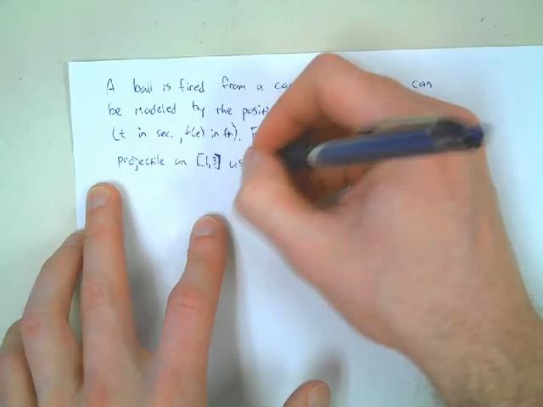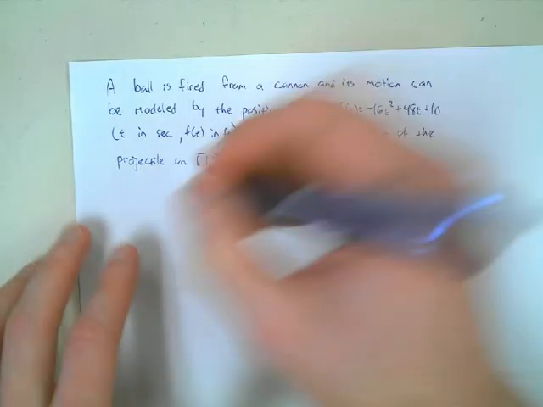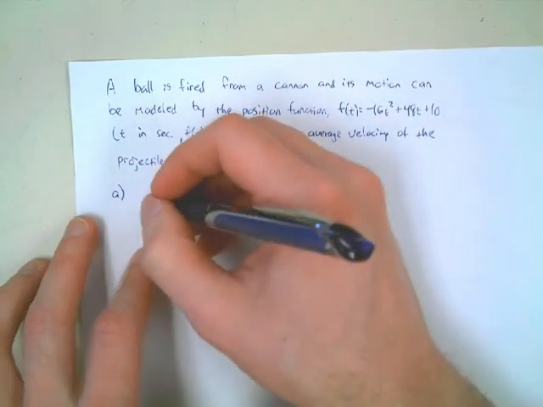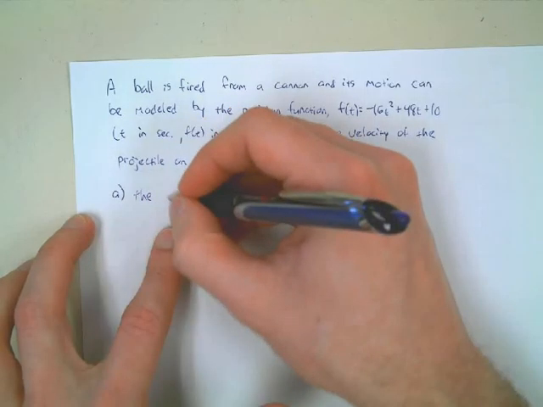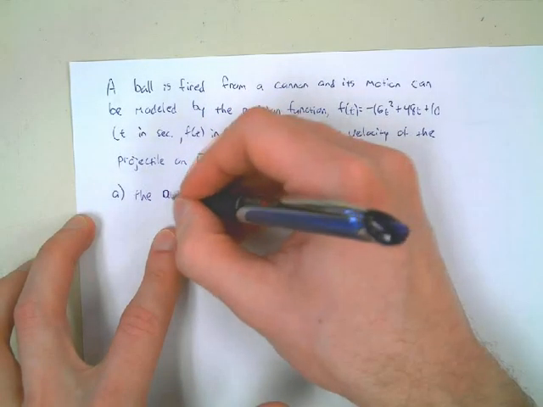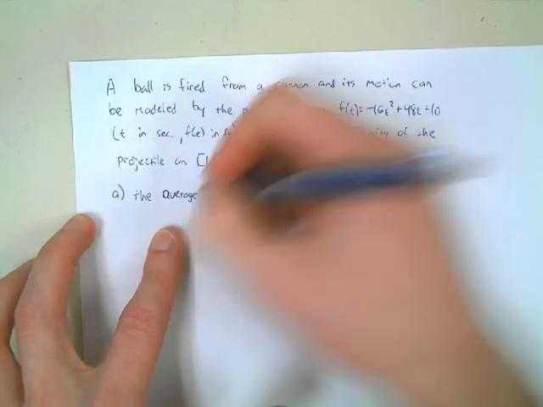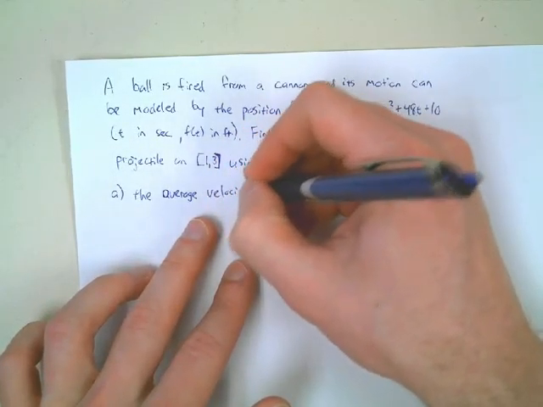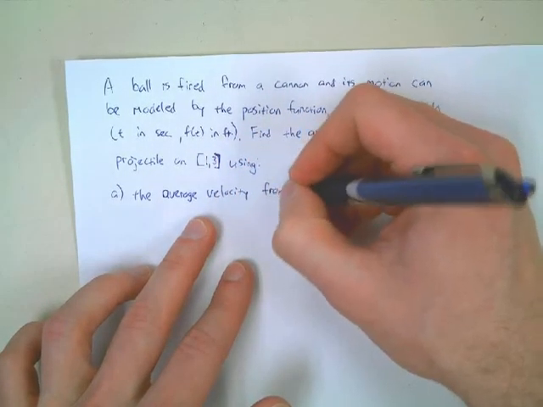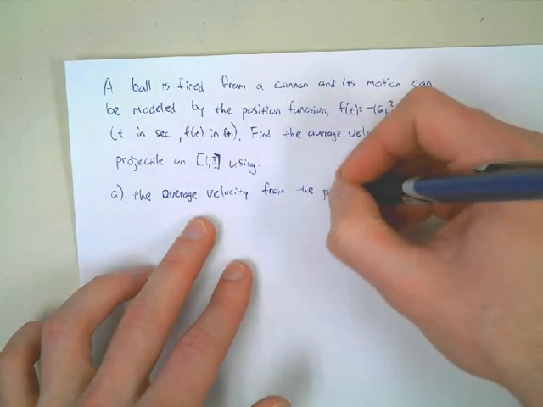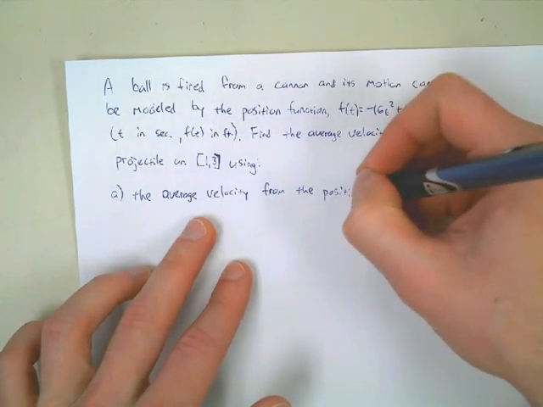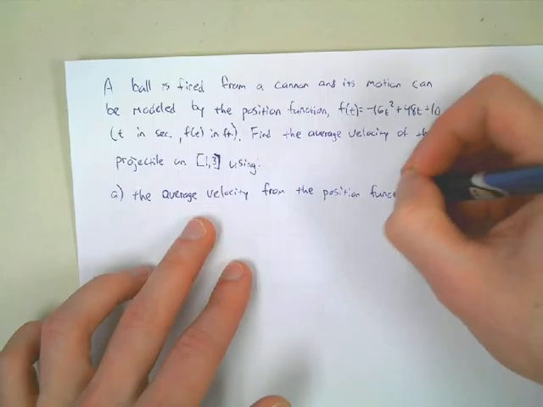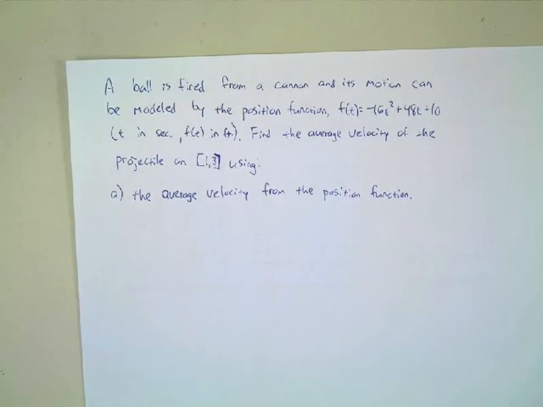The first way, I'm going to have you guys do this on your own because this is something we know how to do. Find the average velocity from the position function. Okay, so this is something we knew how to do before today. So go ahead and do that.